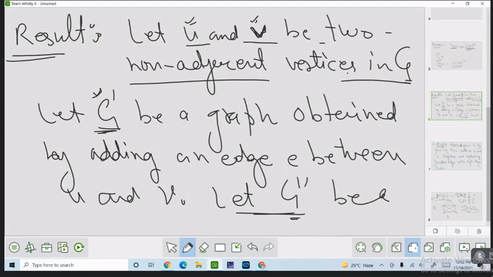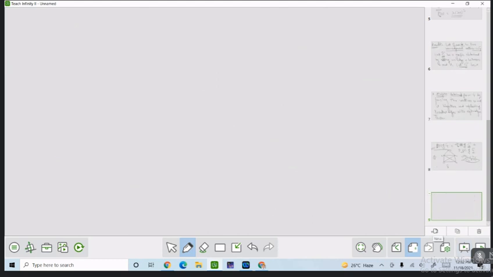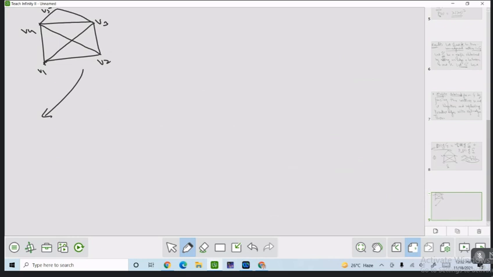We will obtain G prime by adding an edge between U and V, here V2 and V5. I will write this graph here again: V5, V1, V2, V3 and V4, and we obtain it by adding an edge like this.